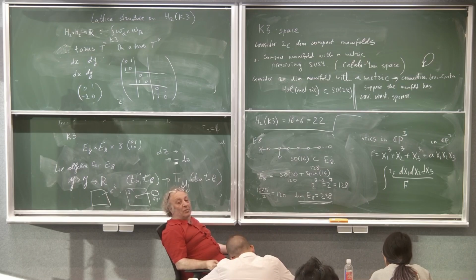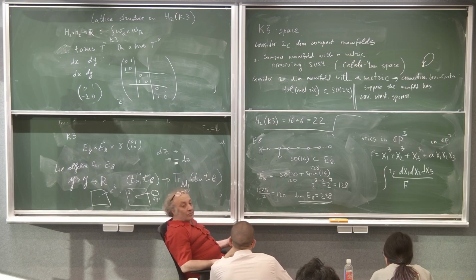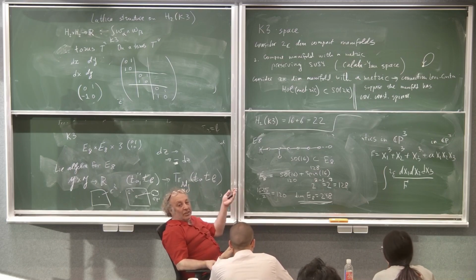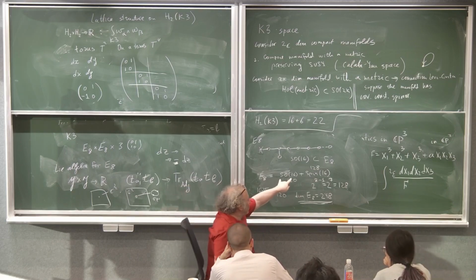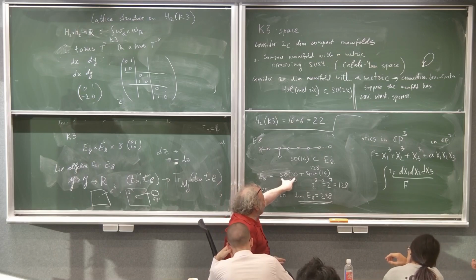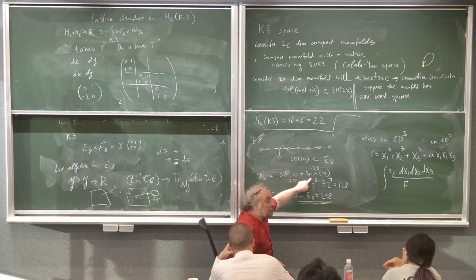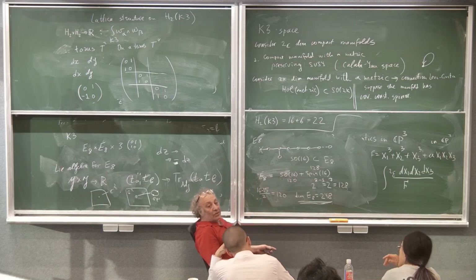But it's not only dimension that we are interested in. We are interested in the multiplication table. But it's very easy to guess the multiplication table. Multiplication table inside SO16 is clear. Then SO16 acts on spin using the Lorentz matrices.